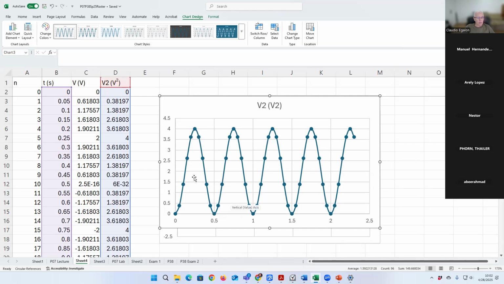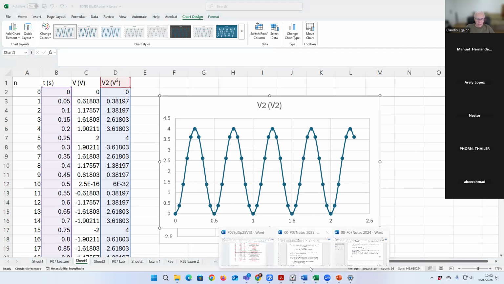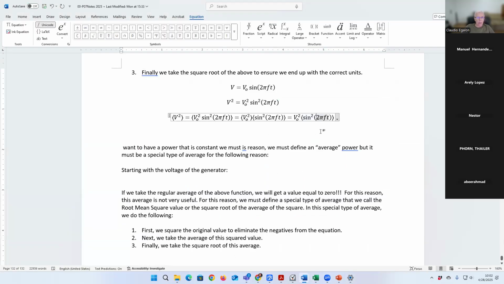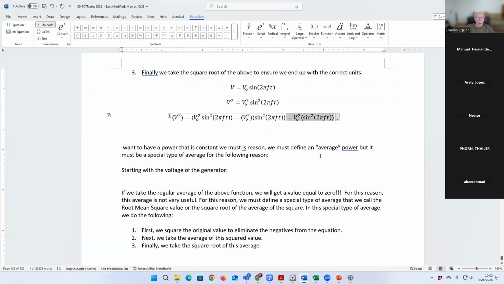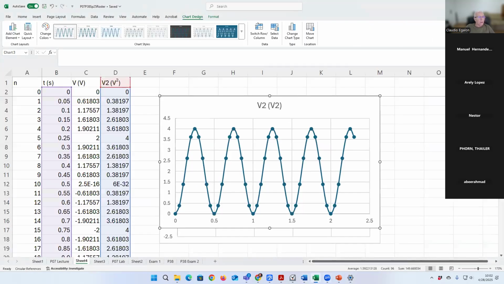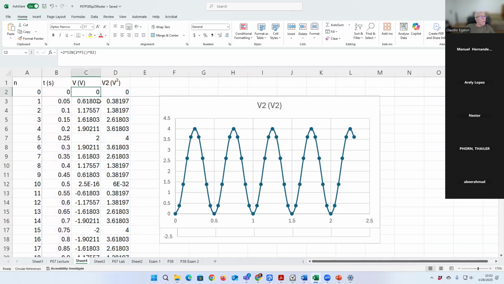When you take the average of this function, it's possible to prove it mathematically, but it requires advanced calculus. What we end up finding out is that the average value of the sine square, wait a minute, I have to do something else. There is a little boo-boo here.